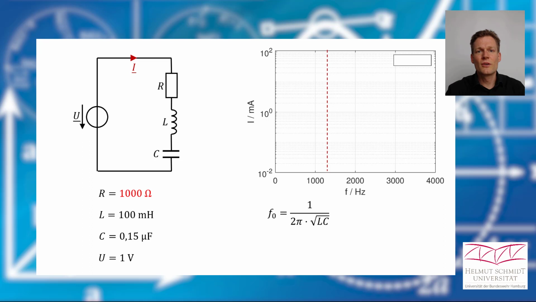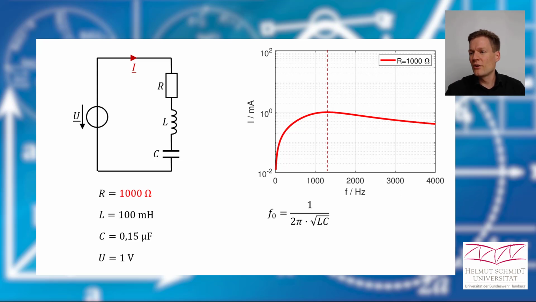And the curve you've already seen looks in the logarithmic scale like this. Okay, and you see it fits. The maximum value of the current is where the resonant frequency is.